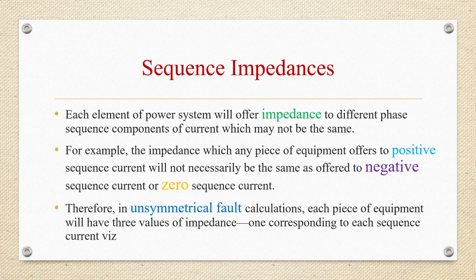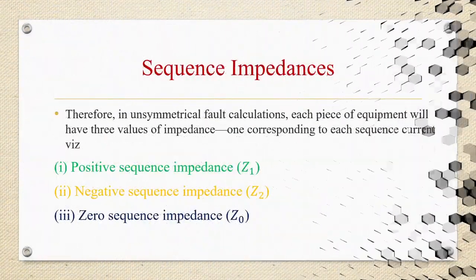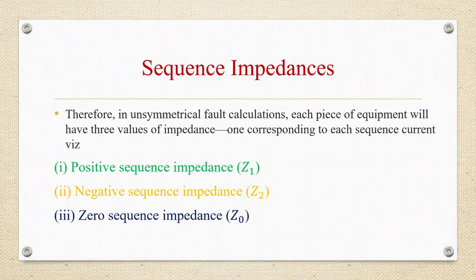So in unsymmetrical fault calculations, each piece of equipment will have three values of impedance, one corresponding to each sequence current. That is, positive sequence impedance denoted by Z1, negative sequence impedance denoted by Z2, and zero sequence impedance denoted by Z0.